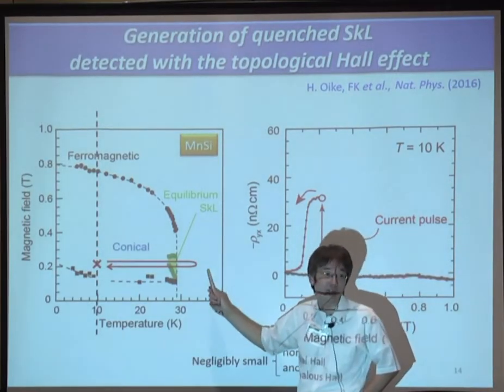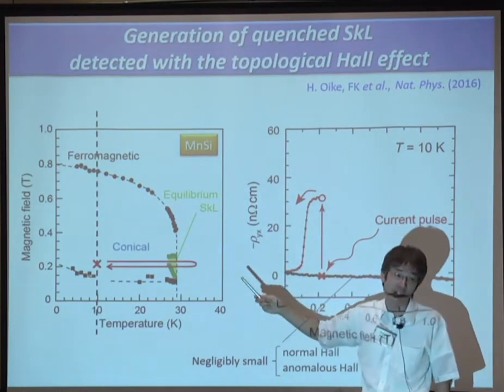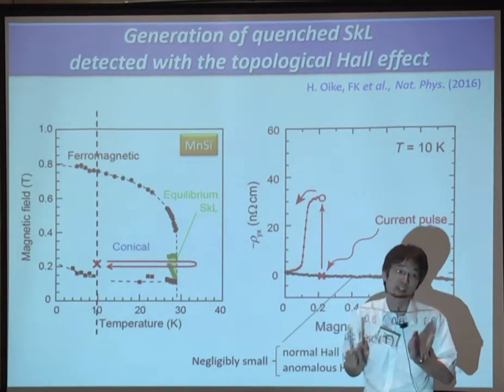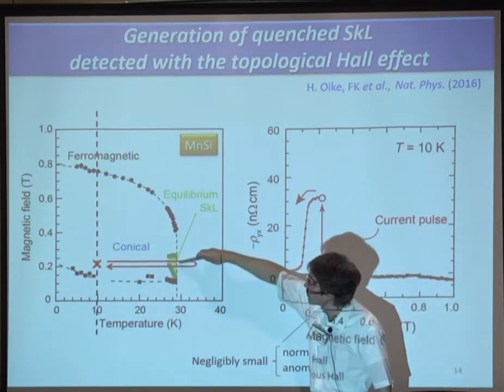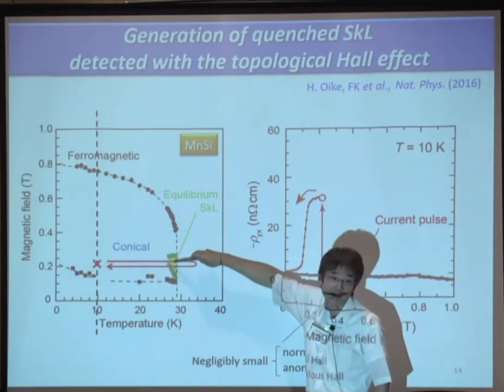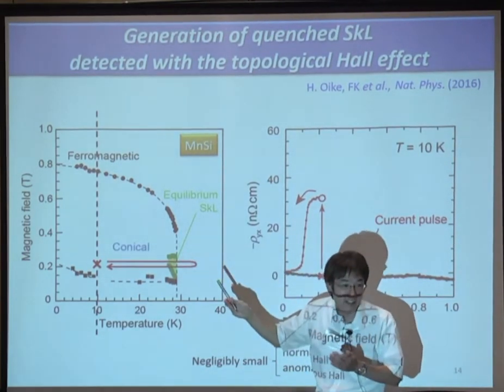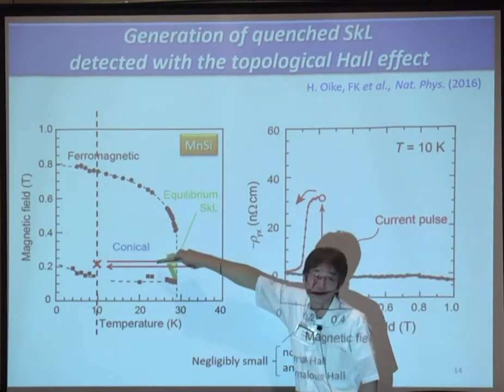So one possibility is that the paramagnetic state can be traced to the lowest temperature. But we found that it's not the case in our experiment. So that means the critical cooling rate to avoid this paramagnetic to Skyrmion structure is much higher than the critical cooling rate for the Skyrmion to conical structure.